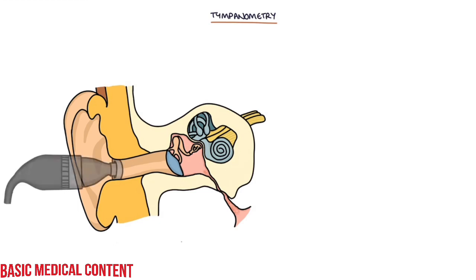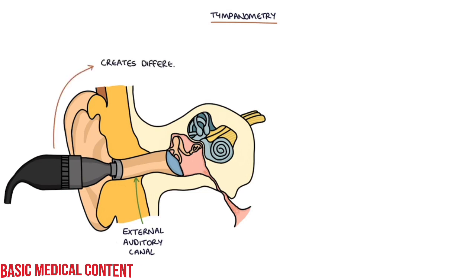Let's talk in more detail about tympanometry. Tympanometry involves inserting a device into the external auditory canal, or the ear canal, creating different air pressures inside the canal, and then sending sounds in the direction of the tympanic membrane.